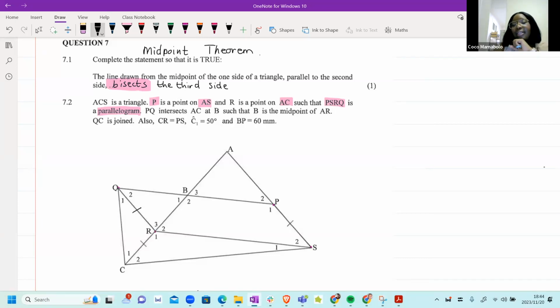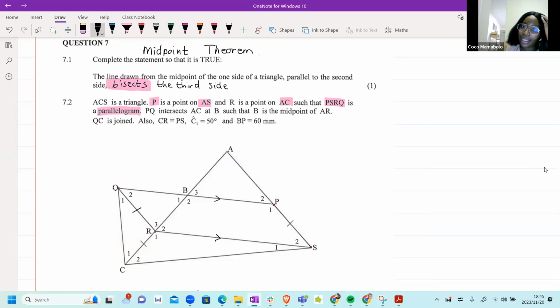Okay. What else do we know? Good. QP is parallel to RS. Thank you. Yes, that's correct.